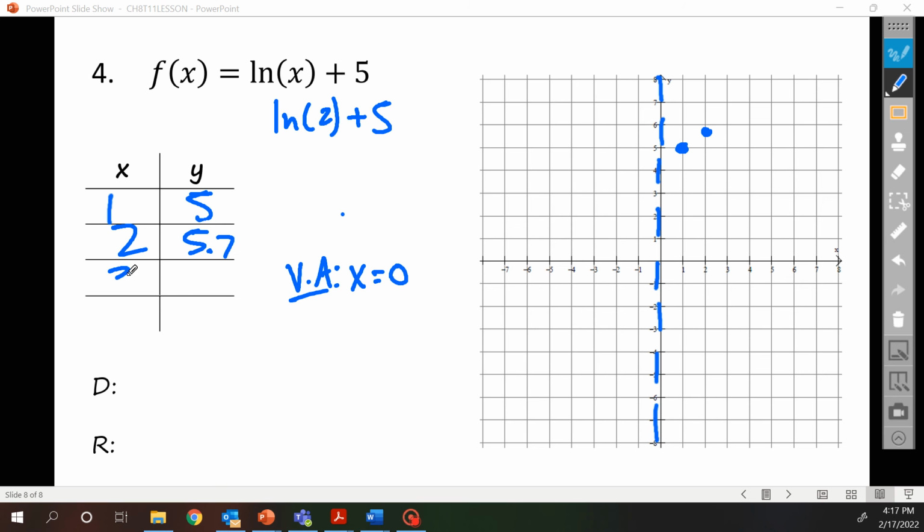All right, maybe I'll do one more for good measure. I'll plug in 3. So natural log of 3 plus 5, so like 6.1. Okay, not a big difference. All right, well, I kind of got the idea of what this looks like anyways.